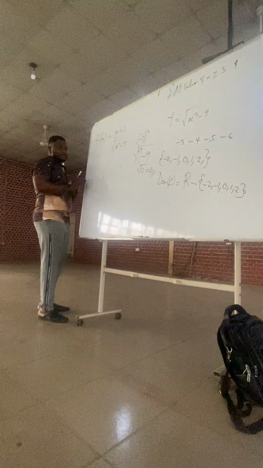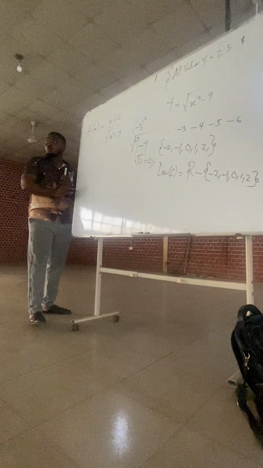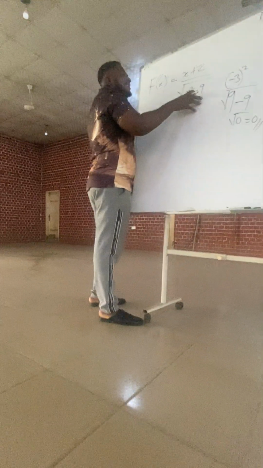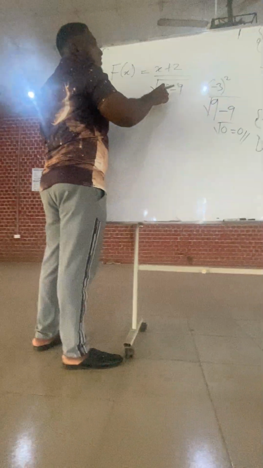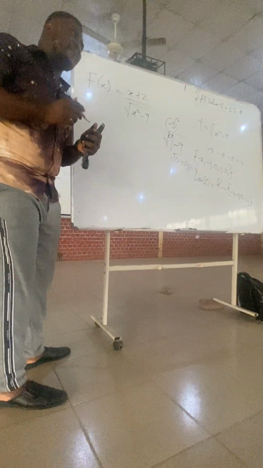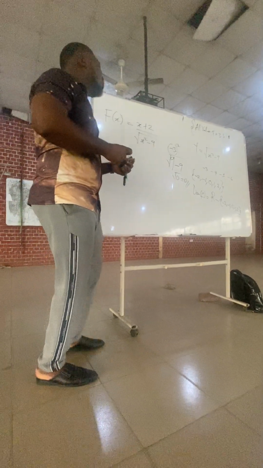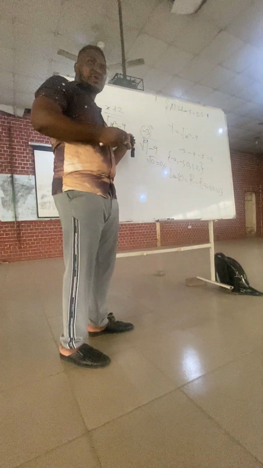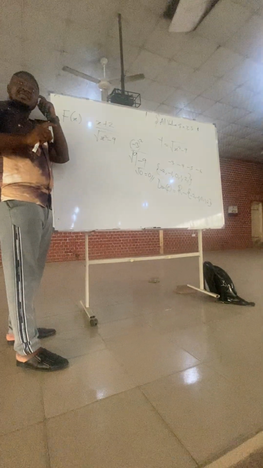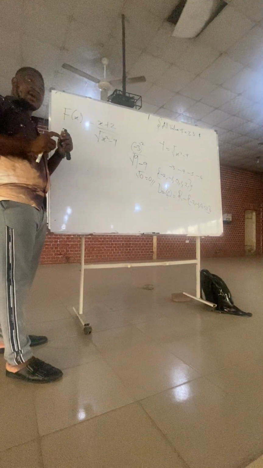But look at this, class: x plus 2 all over square root of x squared minus 9. In this particular one, you must not have 0 as the denominator. So there are two things you must not have. First of all, you must not have a negative in the square root, because the square root of a negative is a math error.